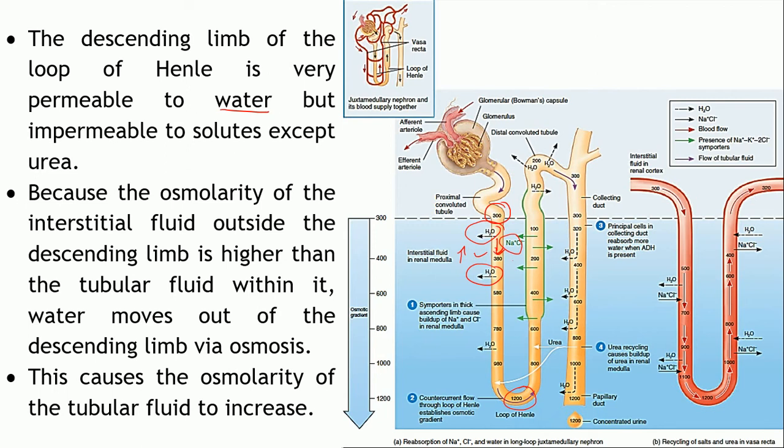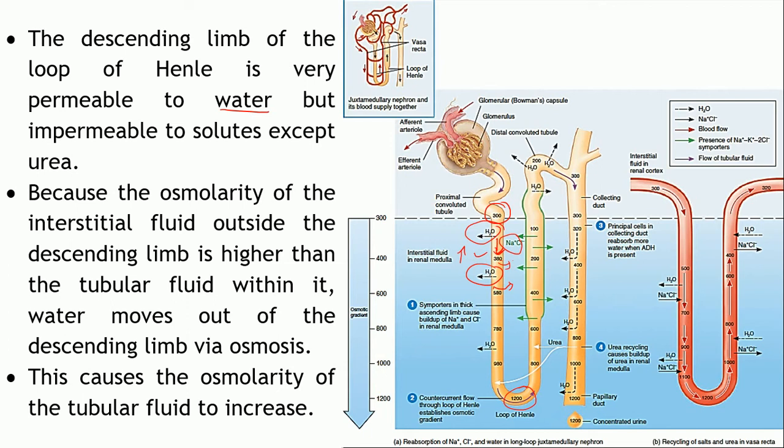This is a semi-permeable membrane. So water will move from the fluid having low osmolarity to the fluid which has high osmolarity. This is the reason why water is getting reabsorbed into the interstitial fluid. Now as a result of this, what is happening? The osmolarity of the tubular fluid is increasing, right. Here it was 300, it is now increased to 380, 580, 780, 980 and then to 1200.